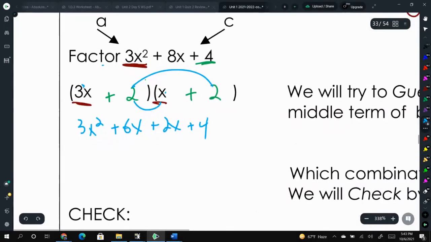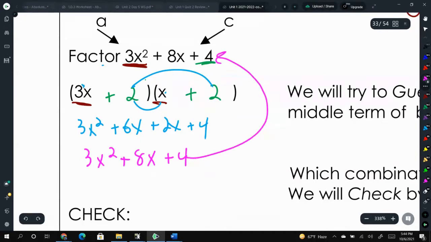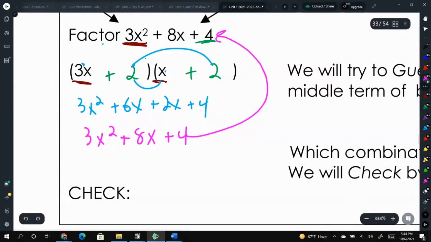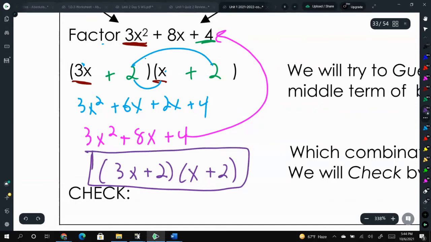When you combine your like terms, 3x squared, 6x plus 2x is 8x plus 4, which is what our original problem was. So the correct factored form, and I'm just going to write it again down here a little bit neater, is 3x plus 2 times x plus 2. That is our factored form.